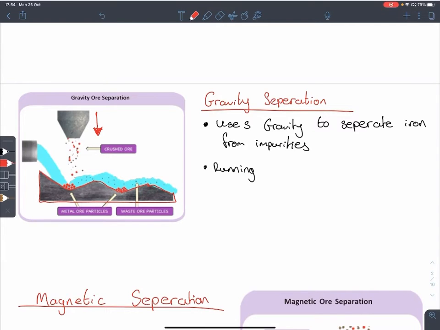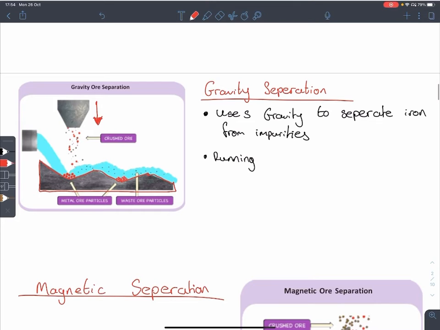Now the iron ore is a lot heavier than the impurities, so the iron ore will collect down here, and the water will push the impurities along over the grooves. So when we stop the running water, we are left with all the pure iron ore at the bottom of the grooves.